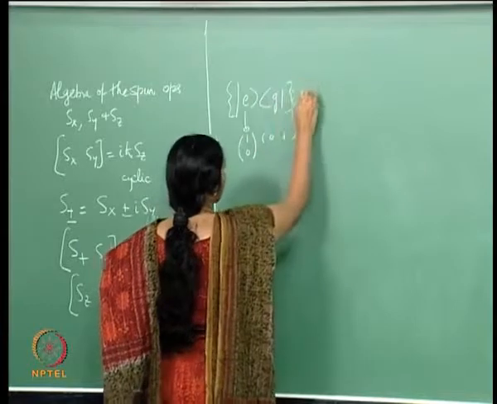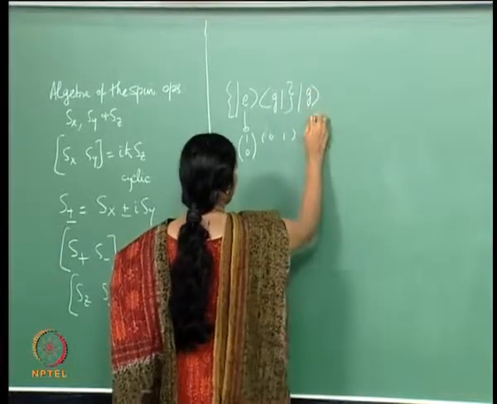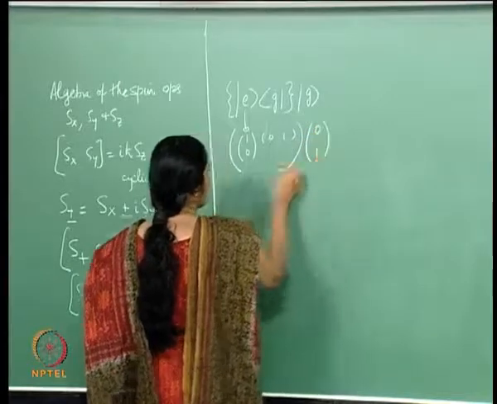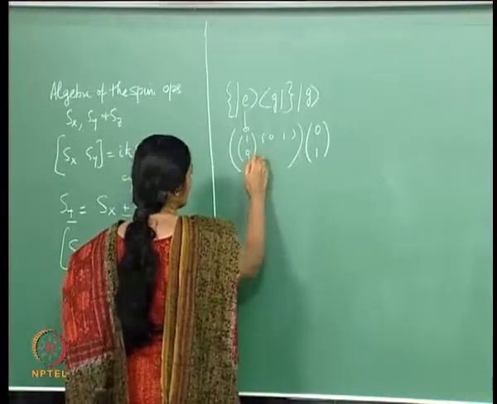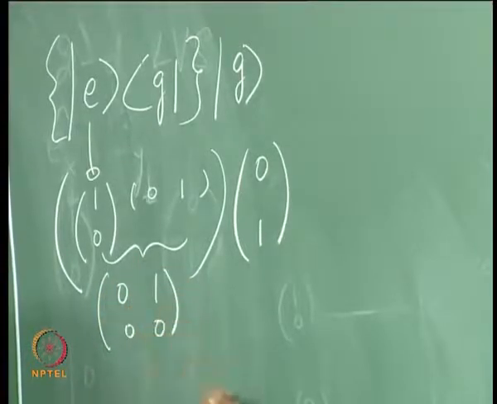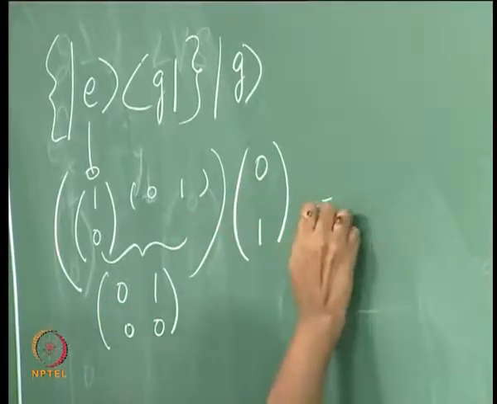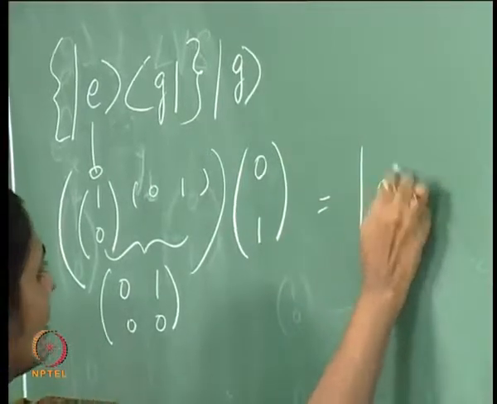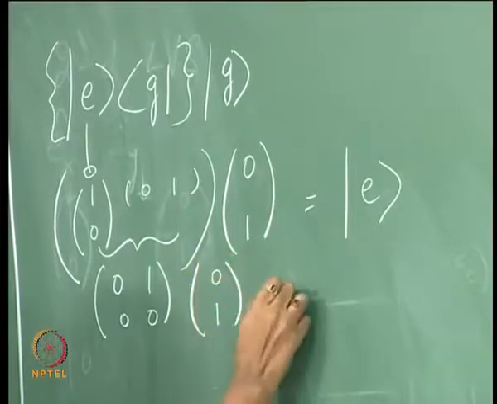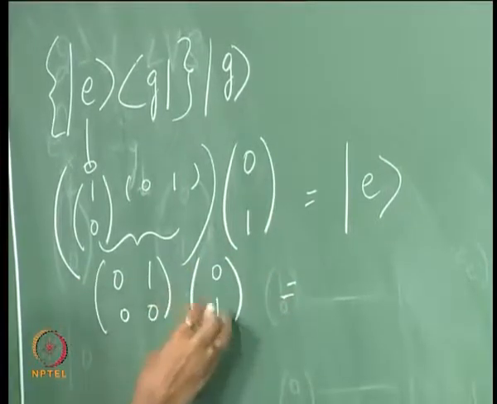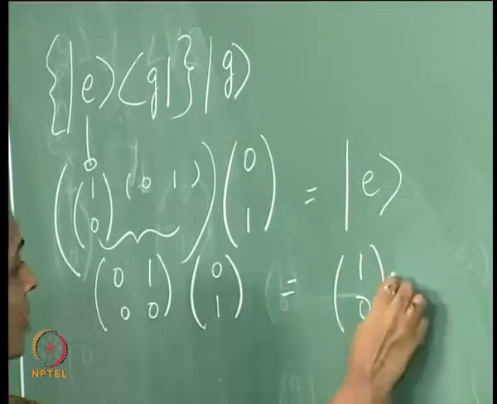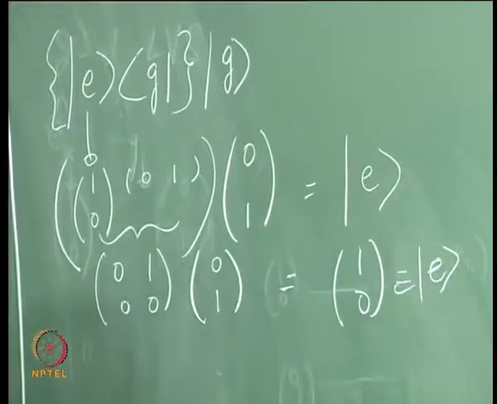The action of this operator on ket G, which is the same as the action of this matrix on 0, 1, is simply ket E, because the action of this matrix on that column vector is 1, 0, which is identical to ket E.